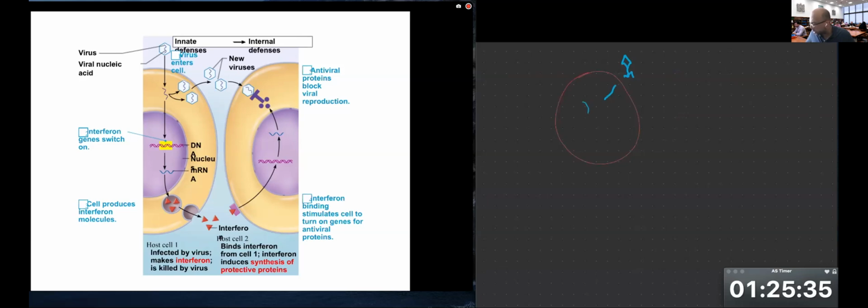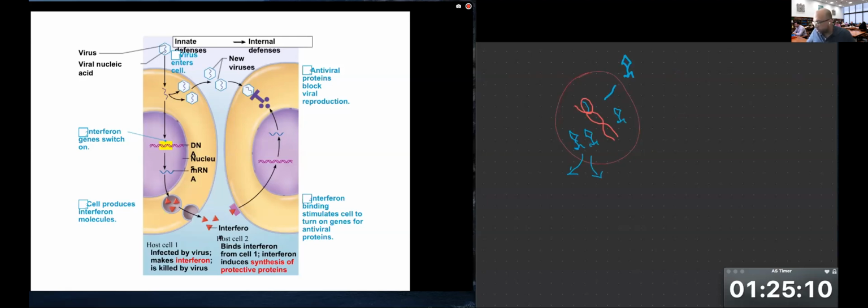So within the DNA of the host cell, the viral genome will be integrated, and this will allow it to use everything from the host cell to build up copies of itself. And those copies of the virus will be released from the cell to infect neighboring cells.